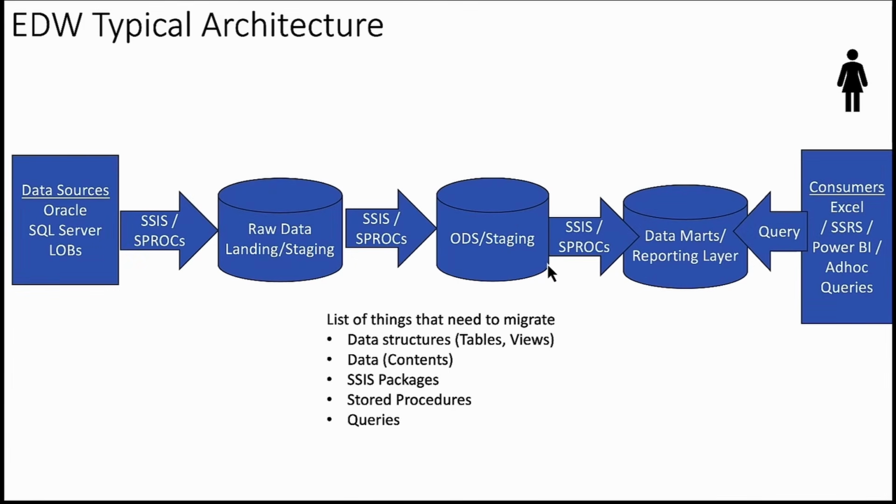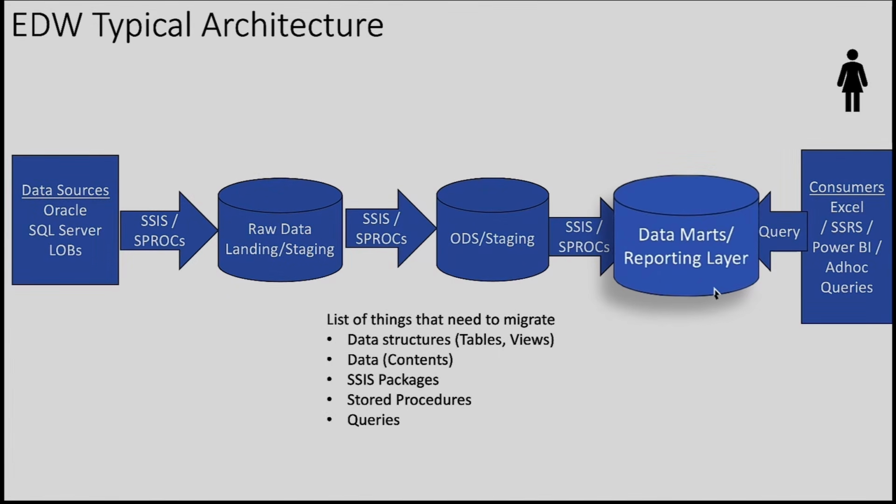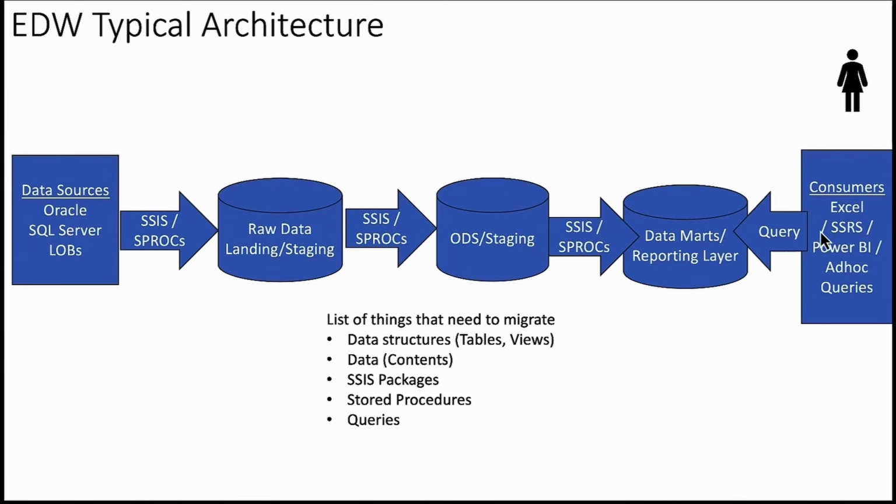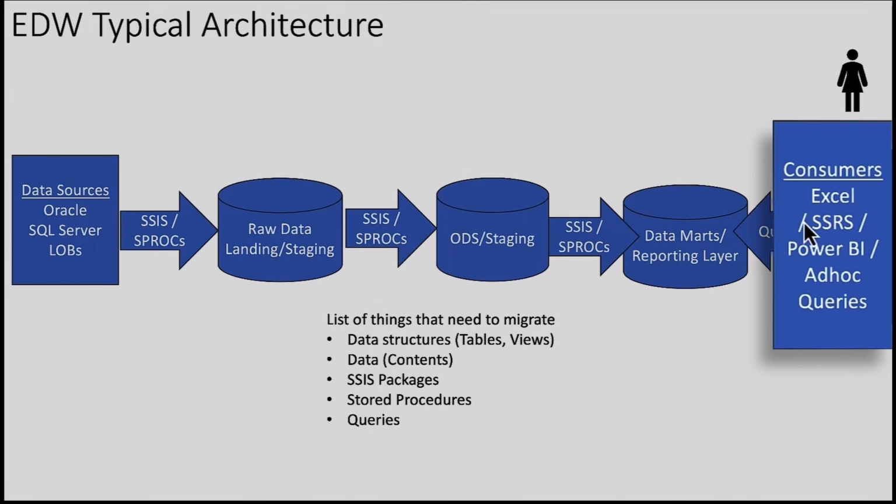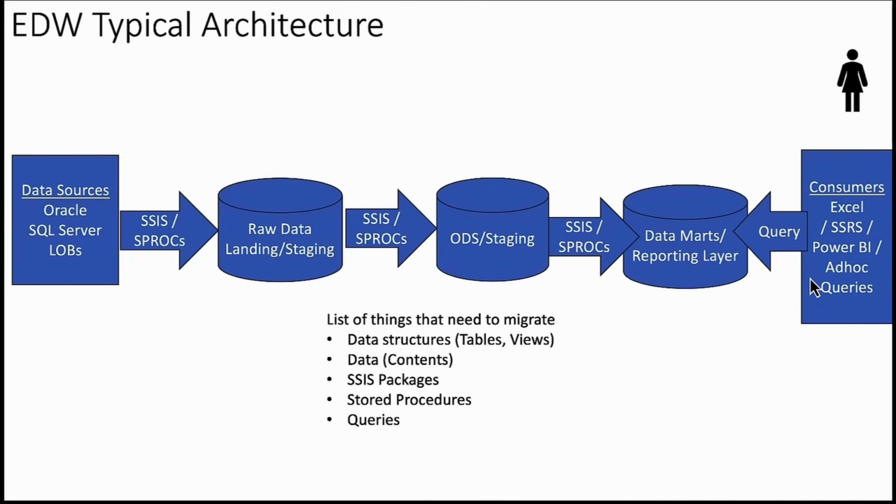And then we'd use SSIS and stored procedures to move it over to star schemas like data marts or aggregate tables or cubes, where we would do math and summarize the data and get it into a denormalized form where we could consume it, in Excel or SQL Server Reporting Services or Power BI, or just random things here and there.